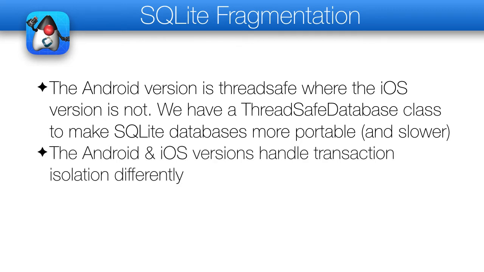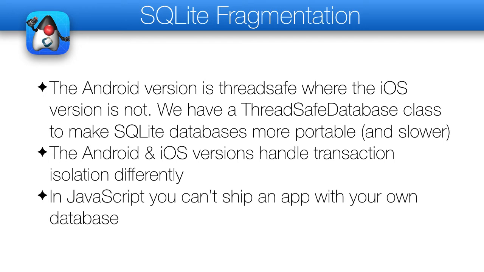There are also portability issues in the SQL language itself. For instance, in transaction isolation. The JavaScript port isn't portable to all browsers and doesn't support some features such as including an SQL database within your app bundle.